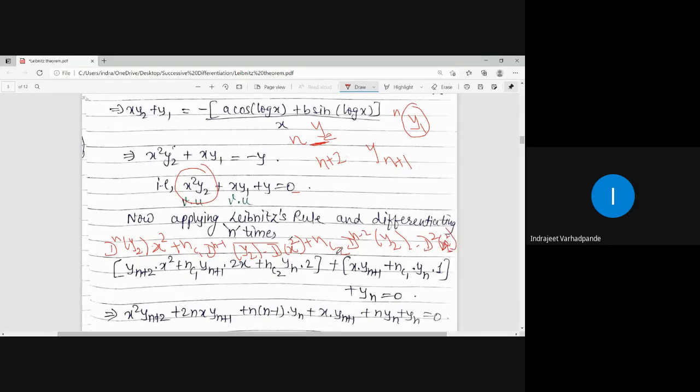I will write the expansion only up to this term, because after the second derivative of x squared, all other derivatives will vanish. So I need not write the expansion beyond this. Is this particular step clear to everybody?